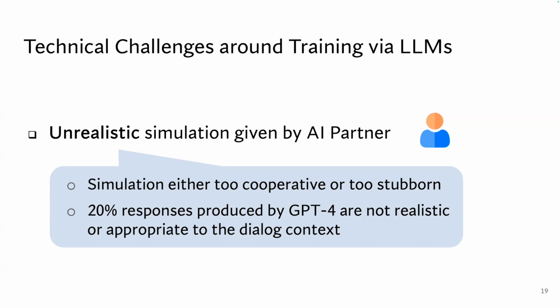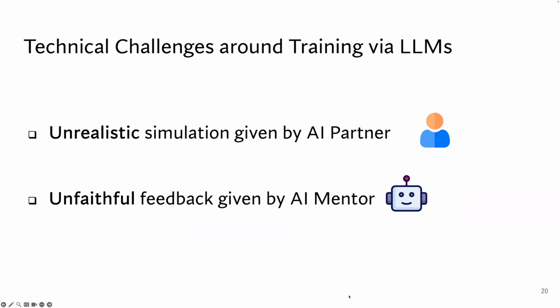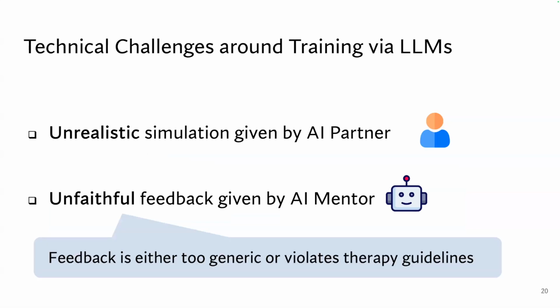And many of the responses generated by GPT-4 are not realistic or appropriate to the dialogue context. On the other side, we also have unfaithful feedback generated by the AI mentor. If you just prompt the models, that feedback is either very generic or violates therapy guidelines.